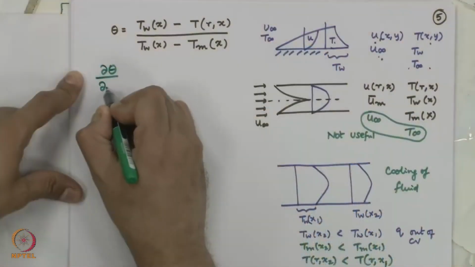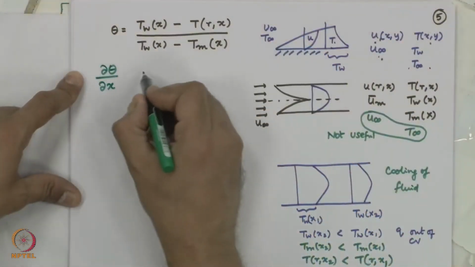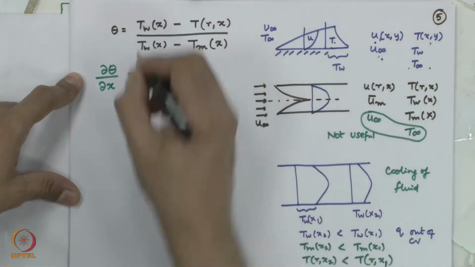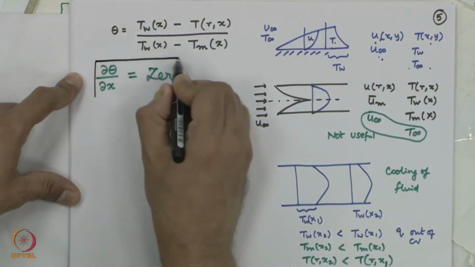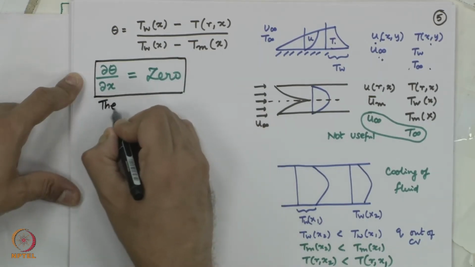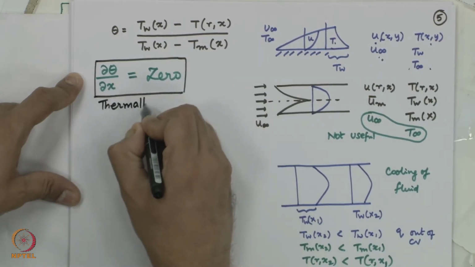So, let us define a non-dimensional theta like this, and the concept of thermally fully developed is that the derivative of this quantity, d theta with respect to x, is equal to 0. What was the definition of hydrodynamically fully developed? This is thermally fully developed.